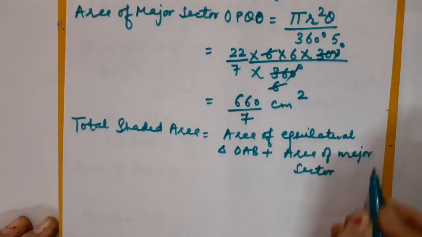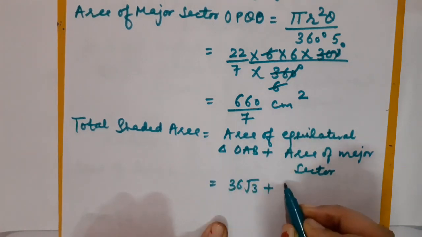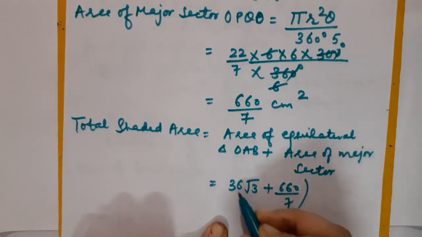Correct? So this is 36 root 3 plus 660 upon 7 centimeter square.